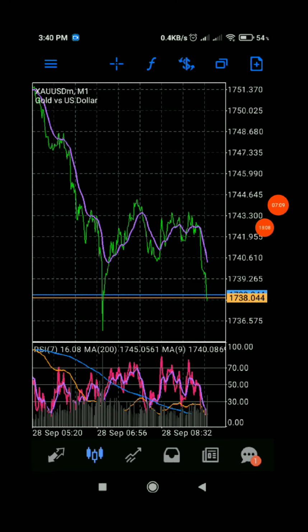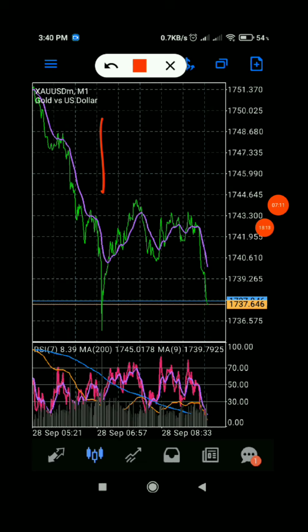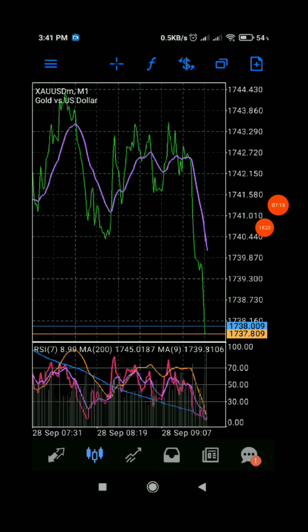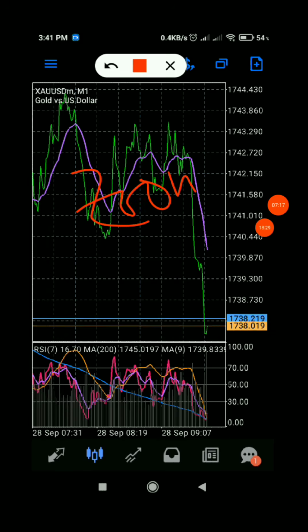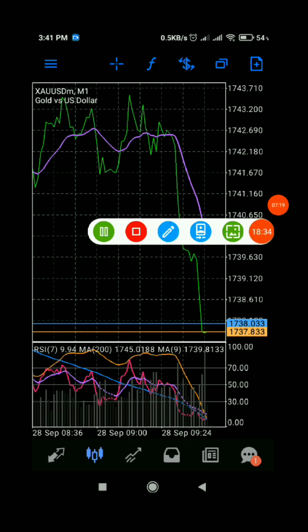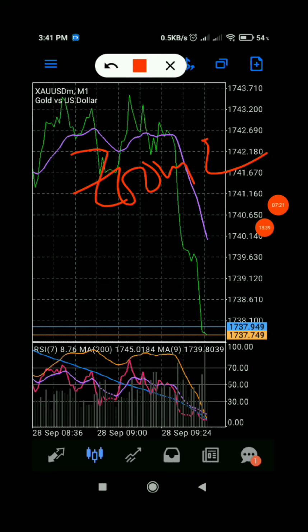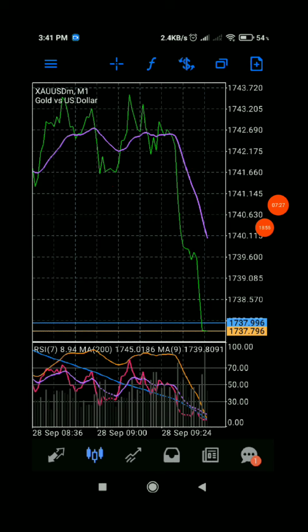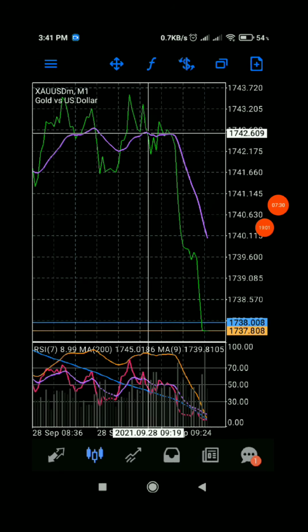As you see, currently price is moving down from the EMA 20. It means downtrend. This is the zoom to EMA 20, and the green line is price.